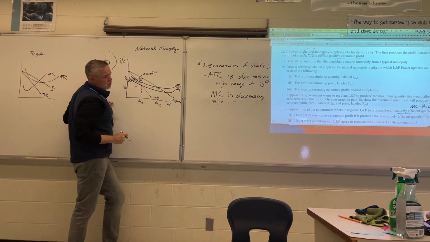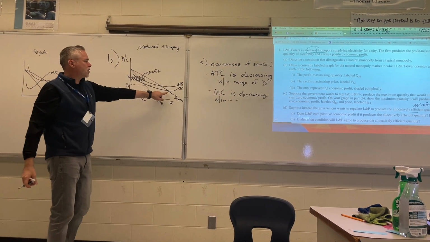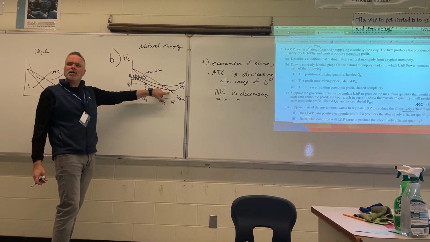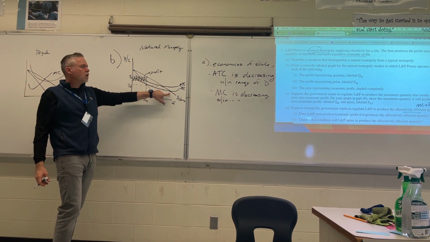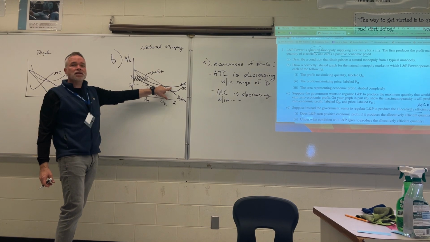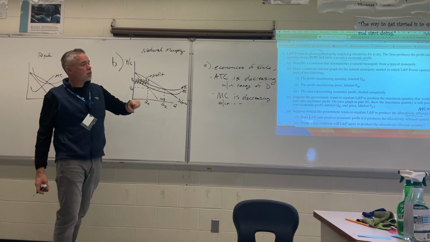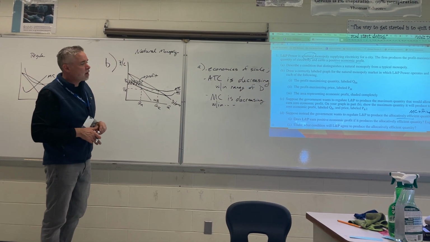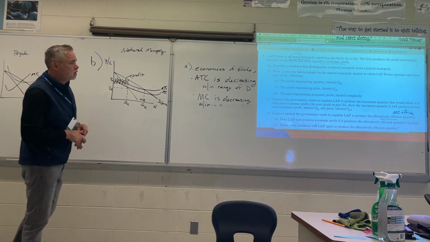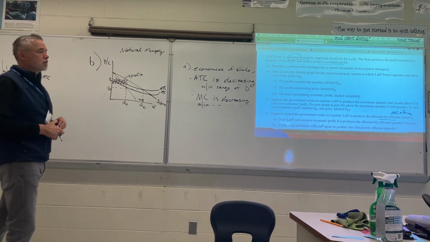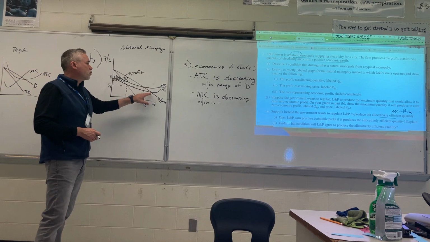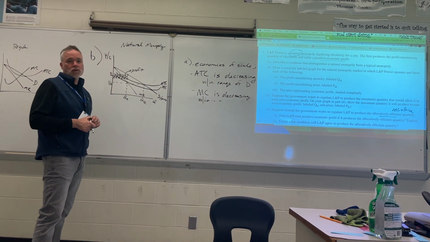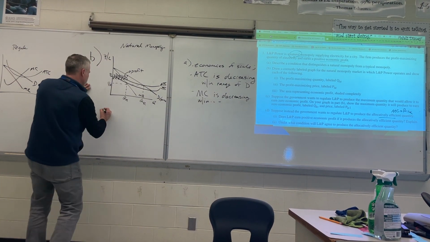They're not asking you to label anything, but you want to look at that point and ask, is there a positive economic profit here? No, because the price is below the ATC. So the answer is no. There's no economic profit. It's going to be a loss because price is below average total cost. So that would be D.